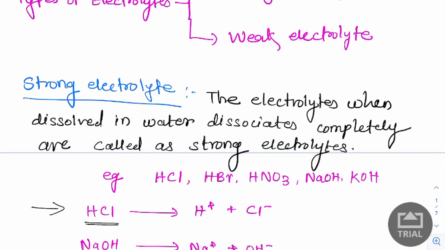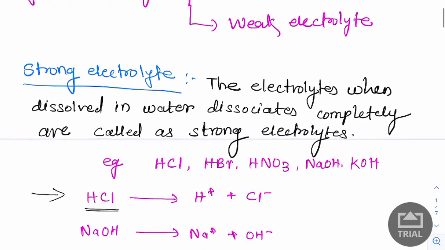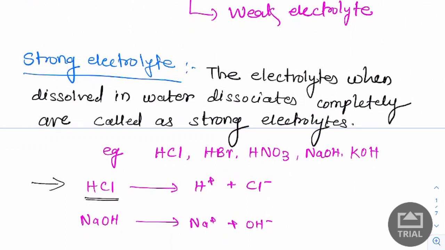The second example is NaOH. Sodium hydroxide is a base, and it dissociates as Na plus and OH minus. This arrow represents the complete dissociation of the substance, a single forward reaction. So HCl dissociates completely, and we call HCl a strong electrolyte.